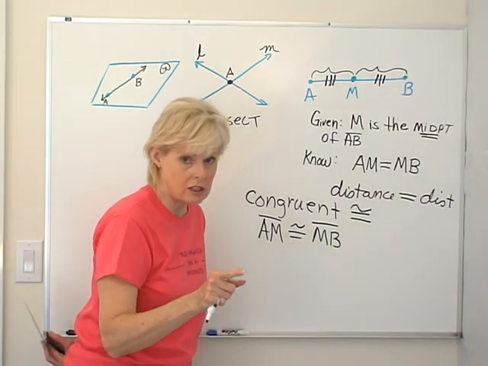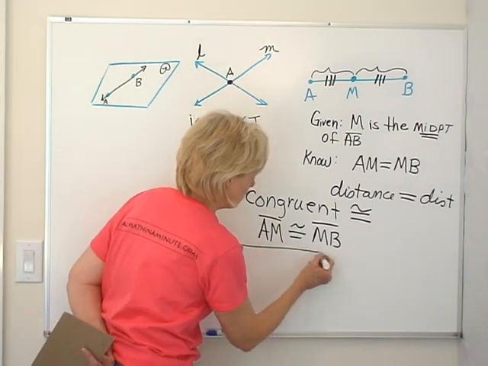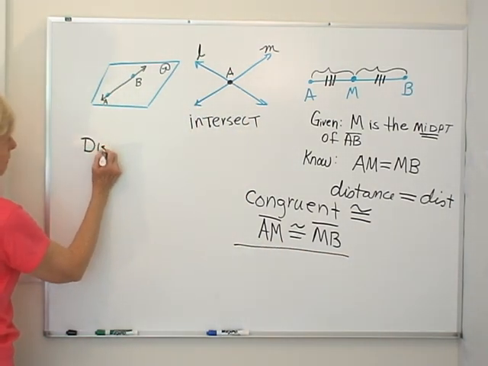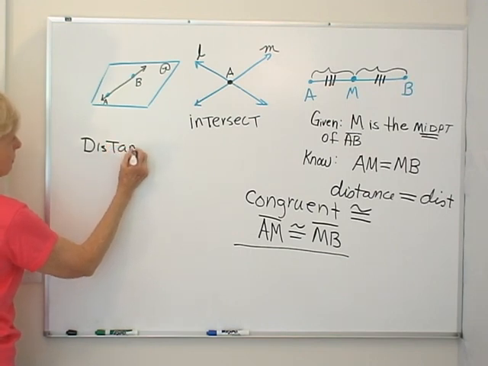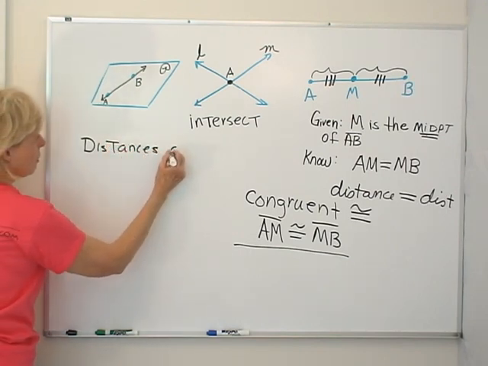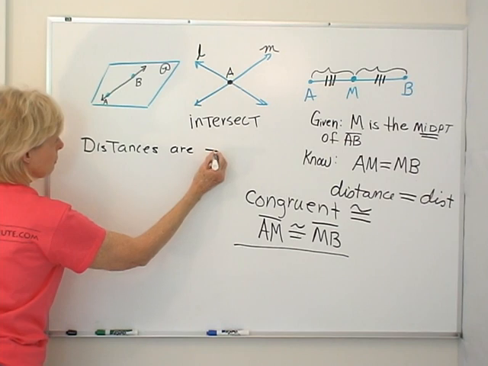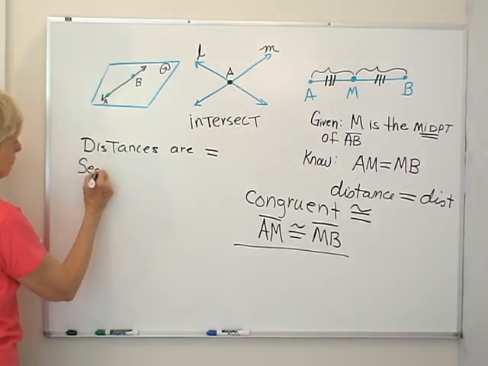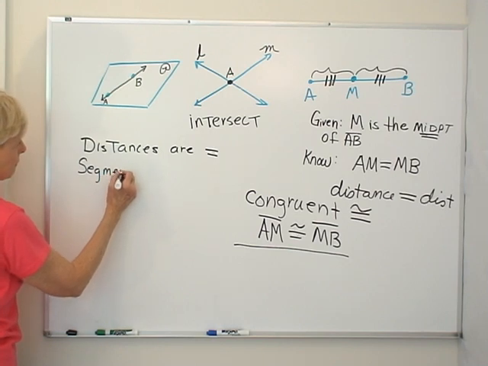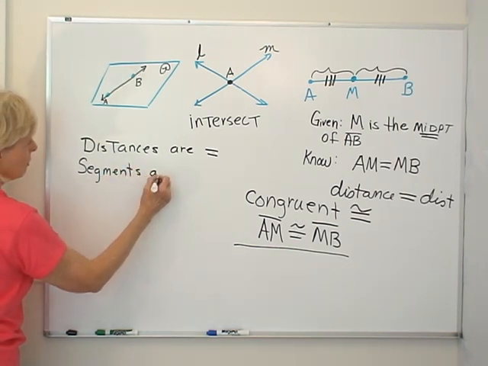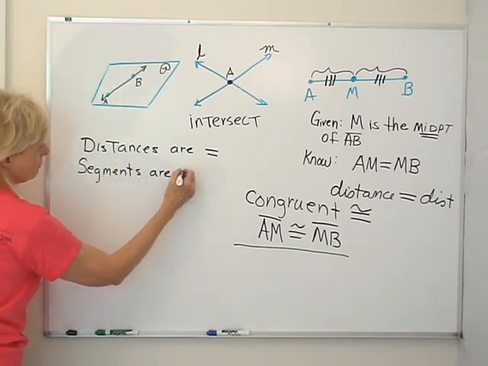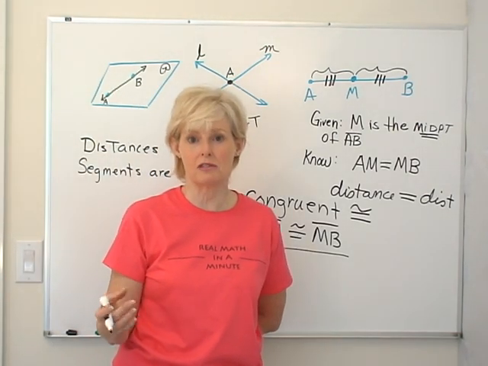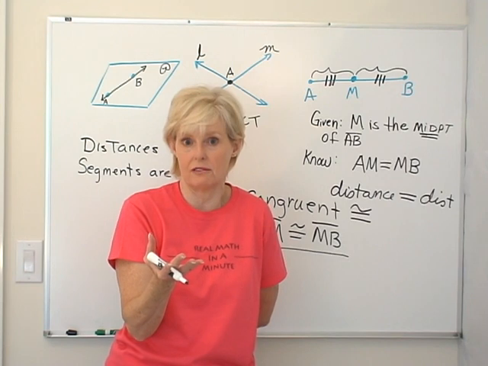I do want you to understand, I'll write it right over here, that distances are equal. Segments are congruent. The distance is a measure. The segment is something that actually exists.